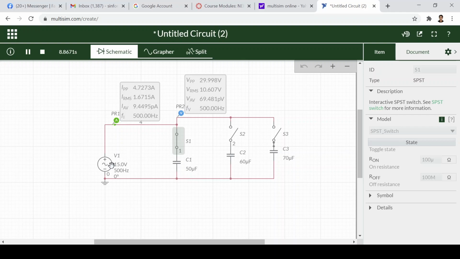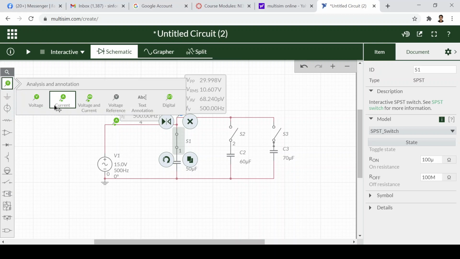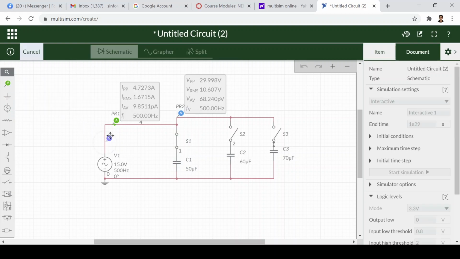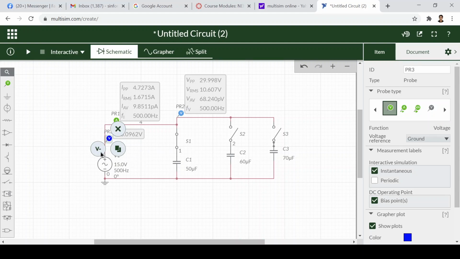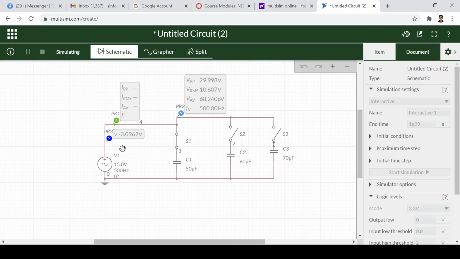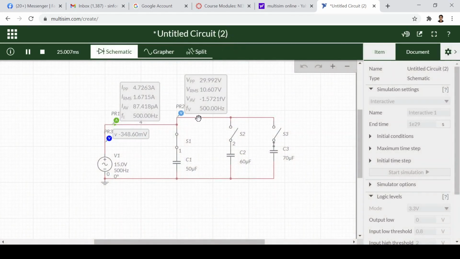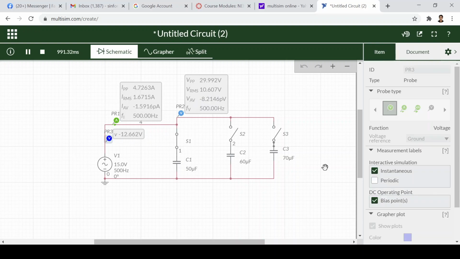The voltage supplied is also the voltage across the capacitor, since there's no other element in the circuit, and we can check that by adding another voltmeter and see that these two voltmeters show the same value.